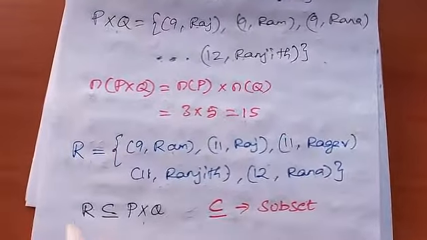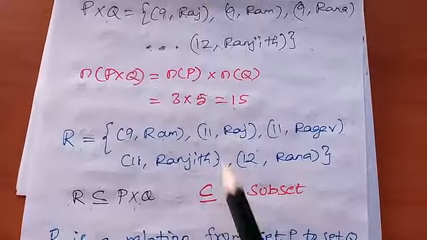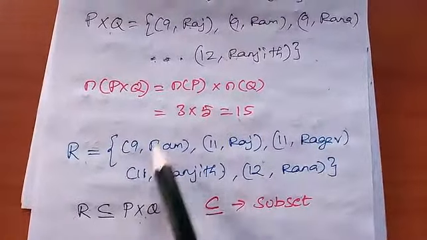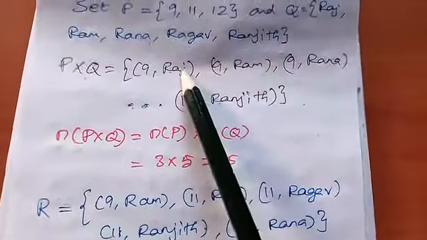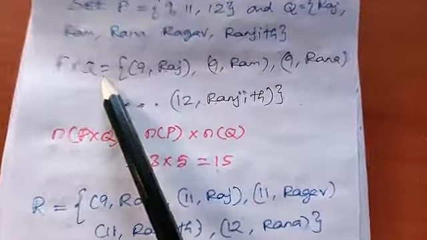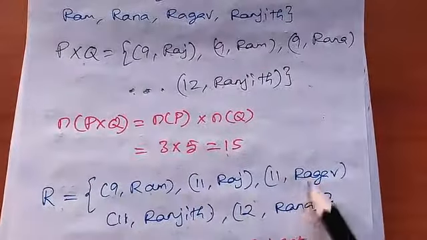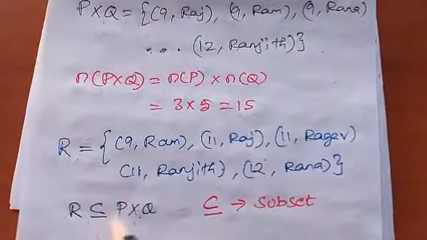Yes. This is the subset symbol, because the ordered pairs in R are contained in P cross Q also. But P cross Q has more ordered pairs than R. Okay, so R is a subset of P cross Q.